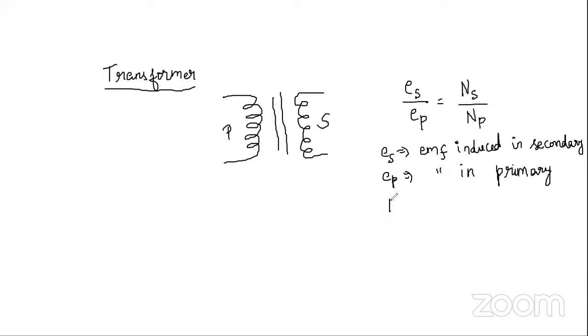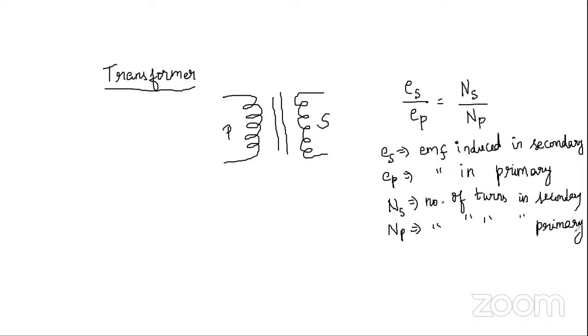And what is NS? NS is the number of turns in the secondary. NP is the number of turns in the primary.